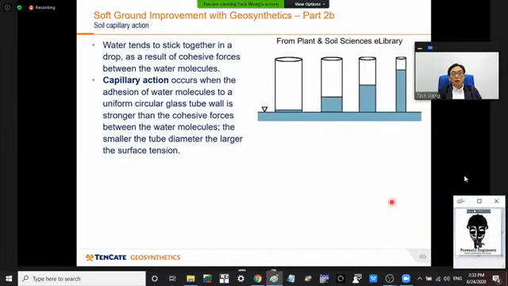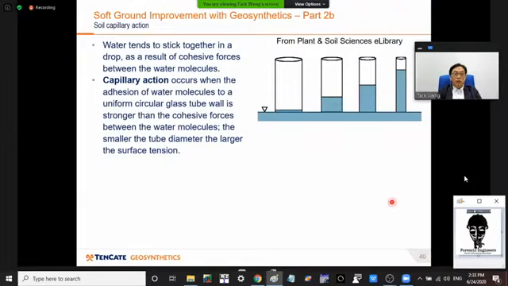I'd like to talk a little bit about soil capillary action. We all know that there is capillary action in the inner of tubes, tubular sections. This is because water tends to stick together as a drop, and capillary action occurs when the adhesion of water molecules to a uniform circular glass tube wall is stronger than the cohesive forces between water molecules.